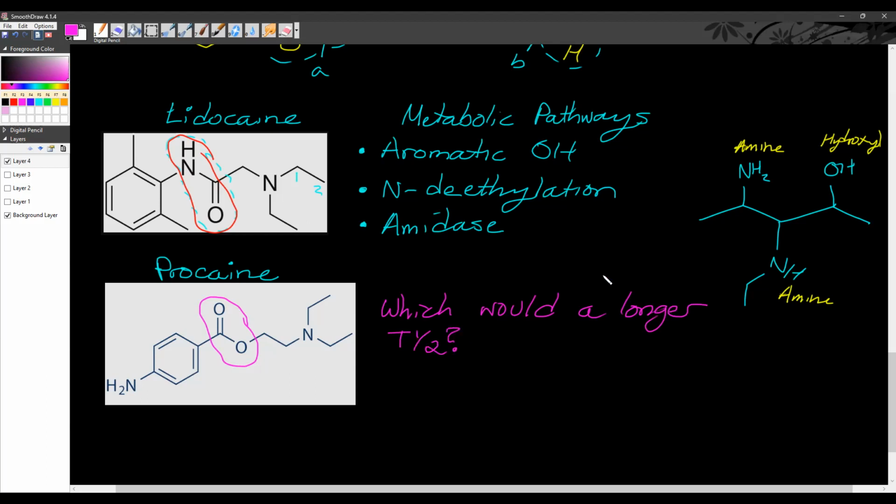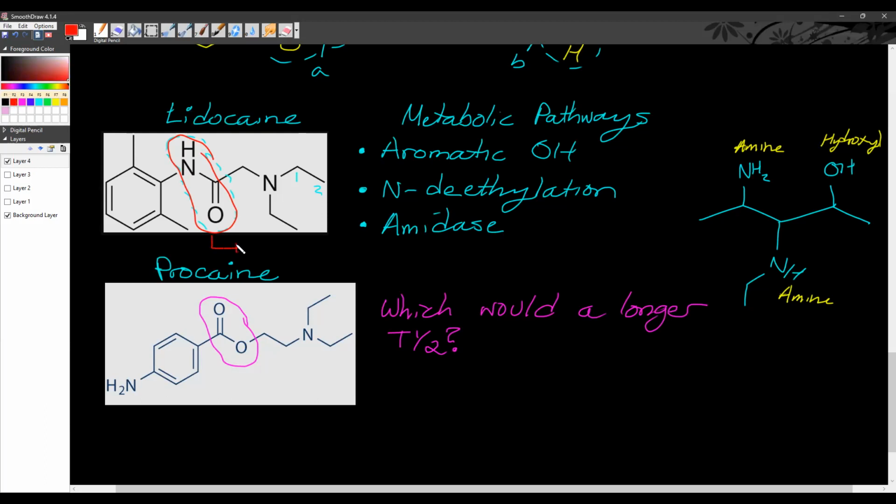Or in other words, which one is going to metabolize slower? Some people are saying lidocaine, some people saying procaine.